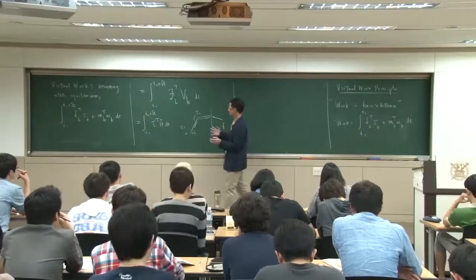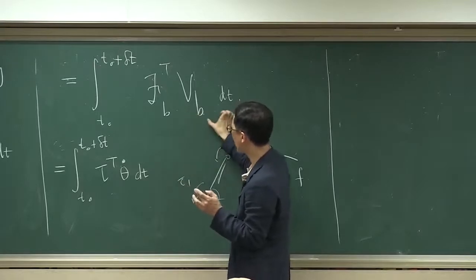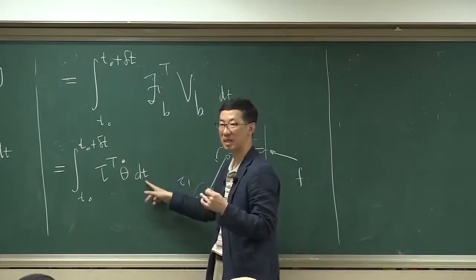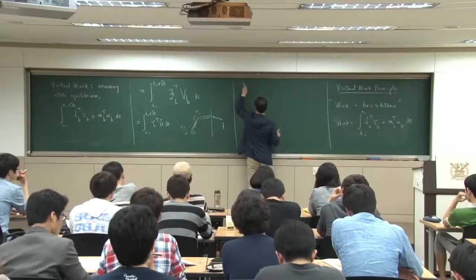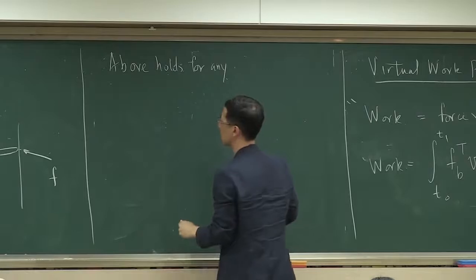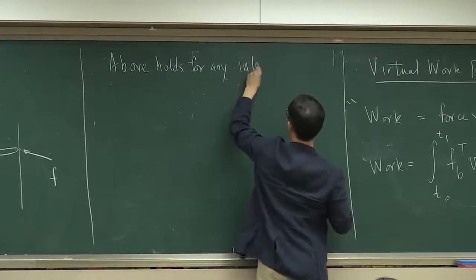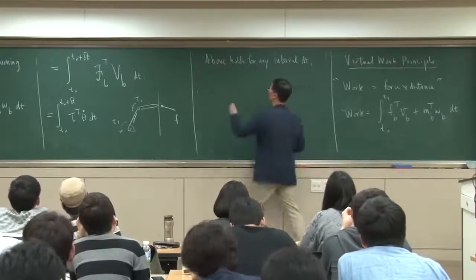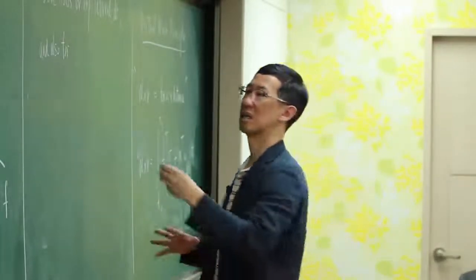All right, so now this has to hold for any arbitrary virtual displacement, V_B dt, or virtual displacement theta dot dt. So the above holds for any interval, and also for any virtual displacement.